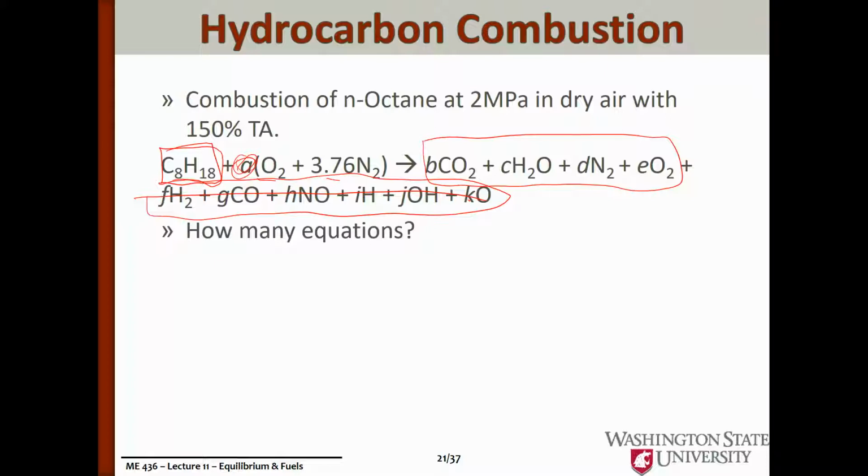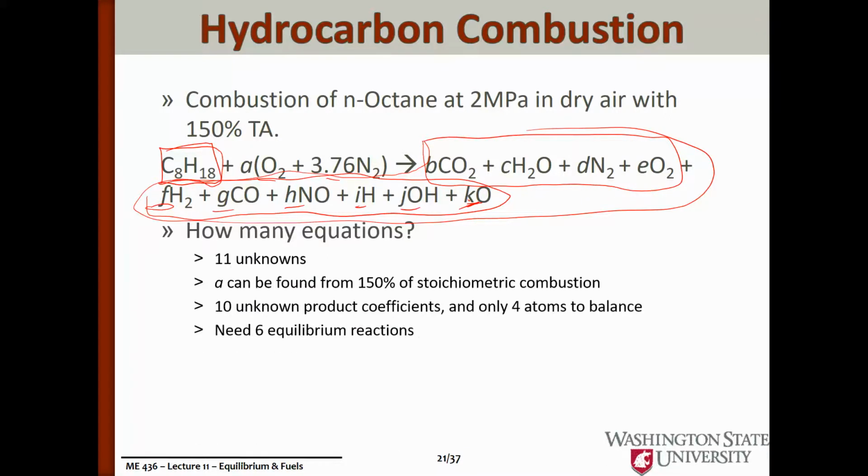So A is sort of taken care of beforehand, and what I'm left with now is I have 1, 2, 3, 4, 5, 6 new coefficients I need to find as B, C, D, and E change. So there's 10 coefficients here on the product side, and we need to find all of those simultaneously. I still only have 4 species: carbon, hydrogen, oxygen, nitrogen. So I'm going to need 6 equilibrium reactions to do this.